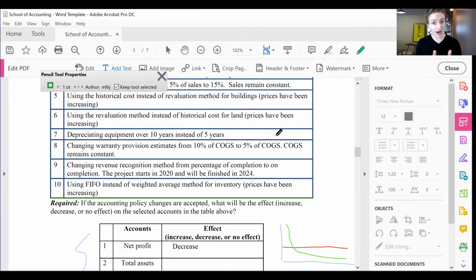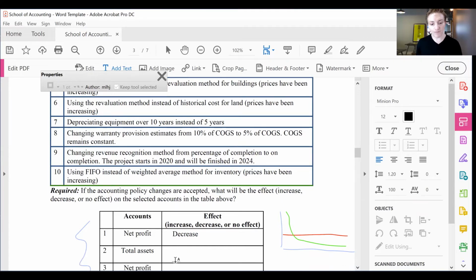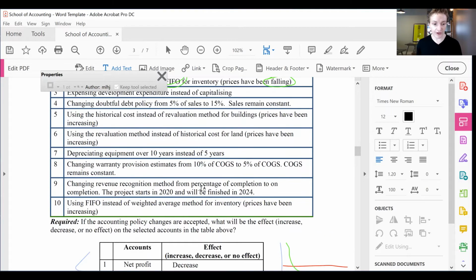Well, inventory is part of total assets. So what this means is our inventory will have increased. The reason it will have increased is, to reiterate, under FIFO, we would have sold the expensive things first, so those would have been removed from our inventory holdings, and that would have reduced our total assets. So therefore, this accounting policy is going to increase our total assets by increasing our inventory.